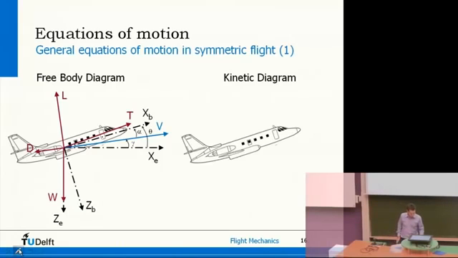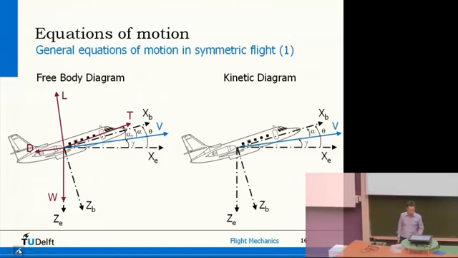Now, if you look at the kinetic diagram, this is basically the accelerations of the aircraft. Then we have the same axis systems, same airspeed, but now let's introduce two accelerations, because the plane can move in a two-dimensional plane. So, by definition, I'm taking the accelerations parallel and perpendicular to the airspeed.